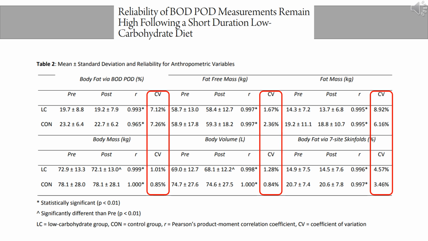But having said that, it was all I could find, and it does seem that even after a short nutritional intervention, as a bare minimum, results are either good or moderate. And so probably if you do have access to a laboratory, but you don't have access to a DEXA, the bod pod certainly represents a good plan B or second option.